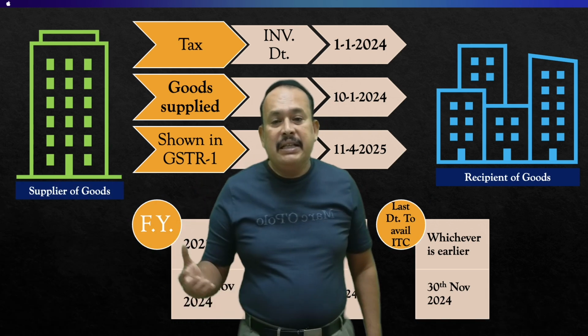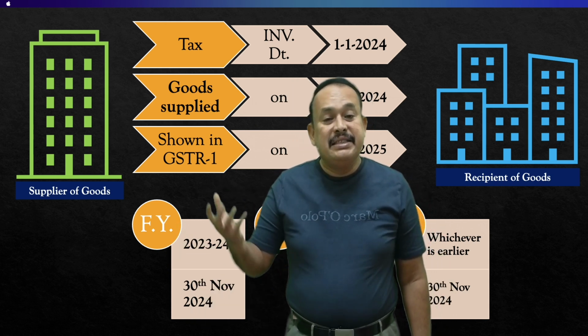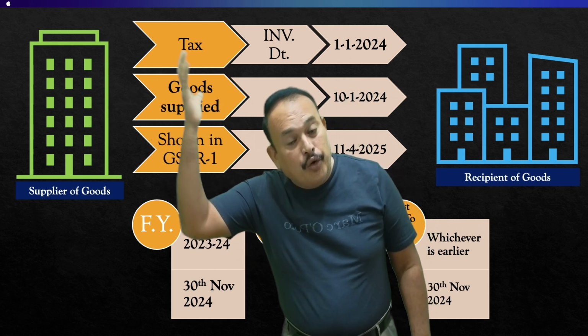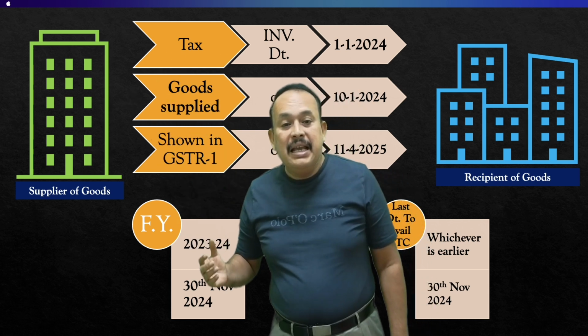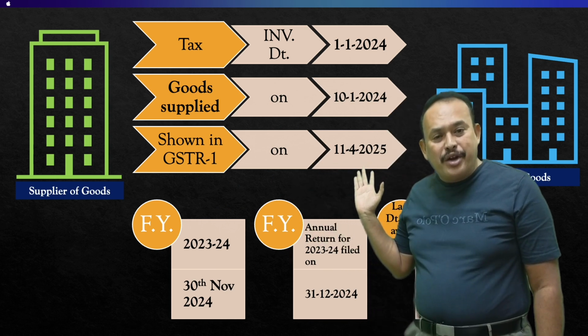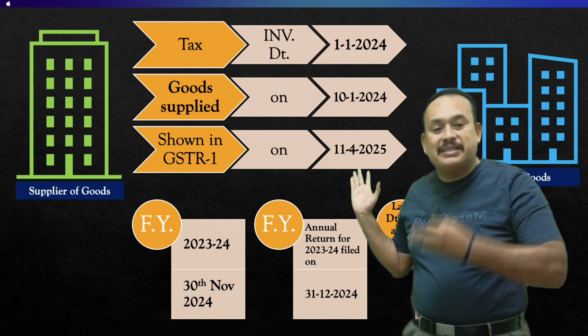However, the supplier submitted the GSTR 1 return for the financial year 23-24 in the year 2025; 11th April 2025 is when it was submitted.